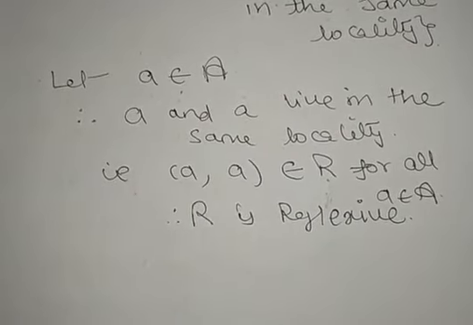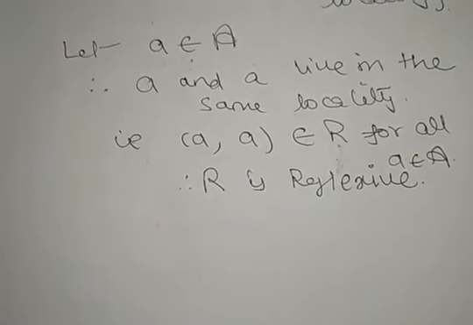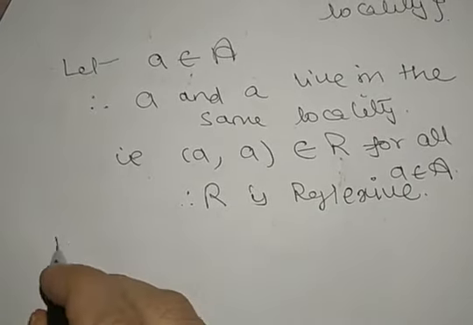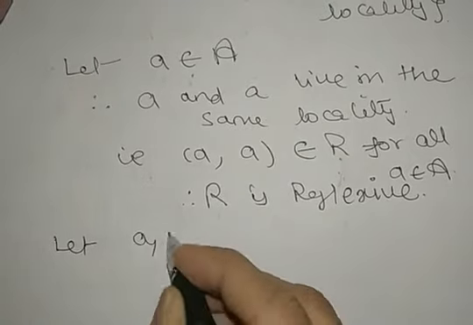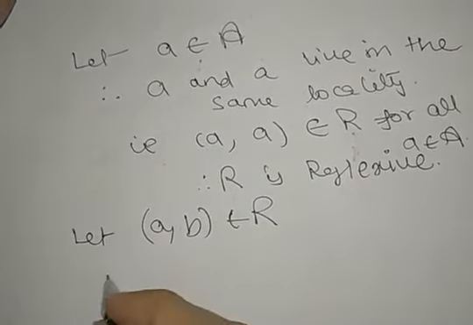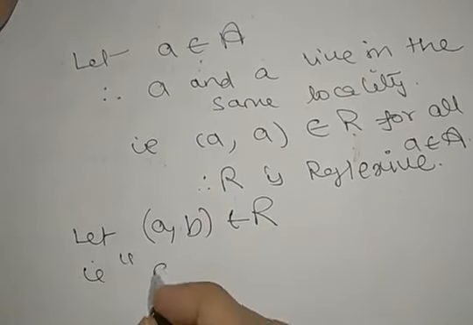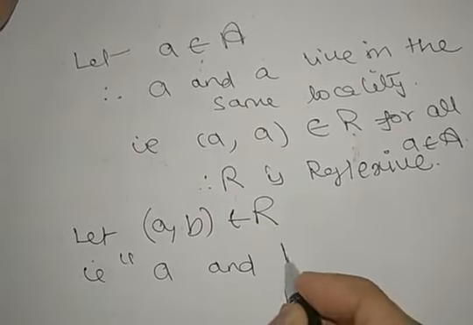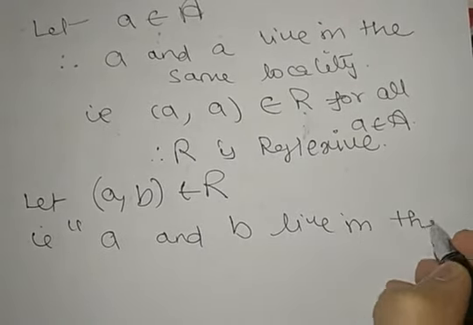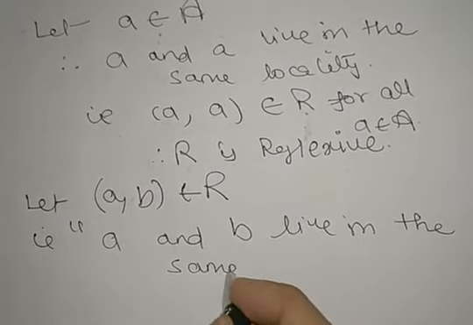Now we will prove that R is symmetric. Let (a, b) belong to R. That is, a and b live in the same locality.